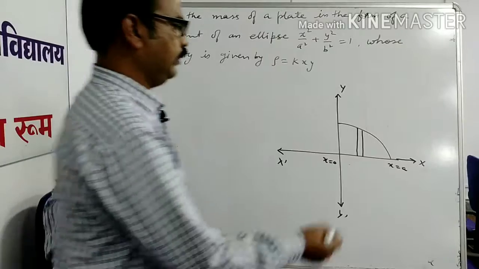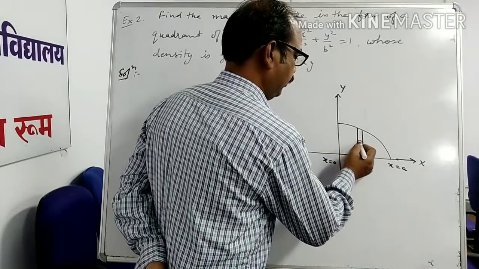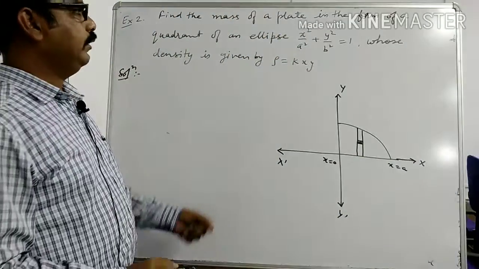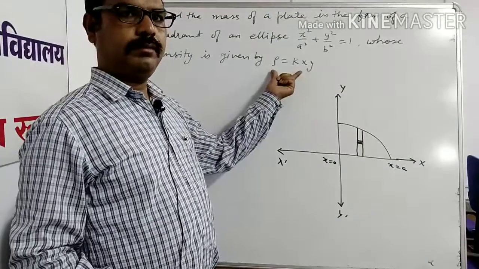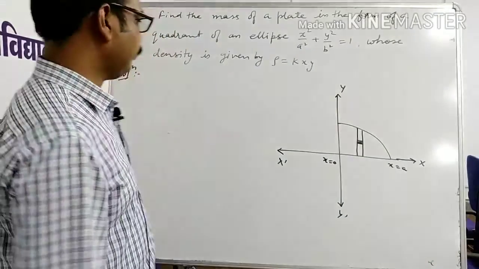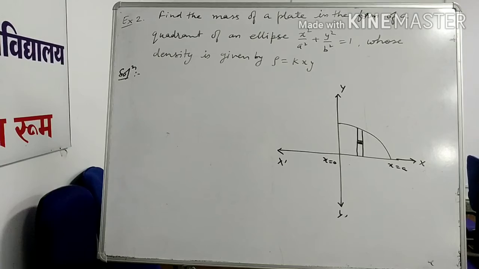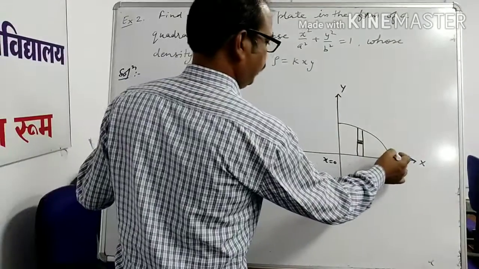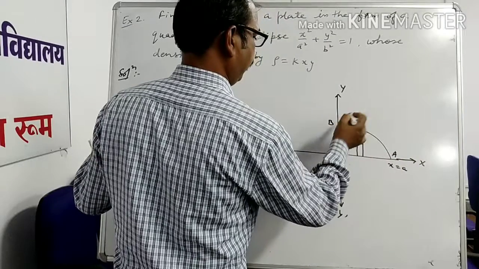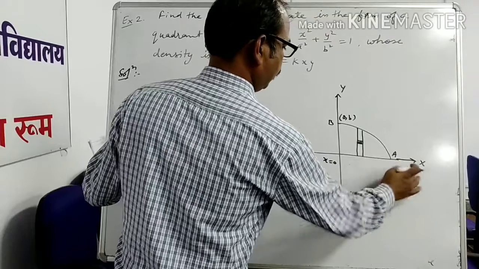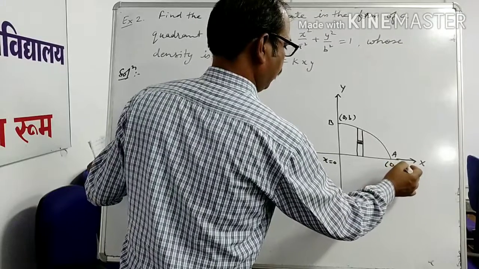So this is the region whose mass we have to calculate and whose density is given by the formula rho equals kxy. Let this be a point, it is b point, the value of 0 comma b, and 0 comma a.